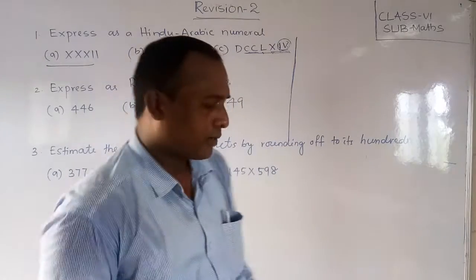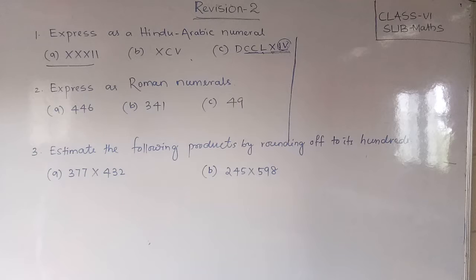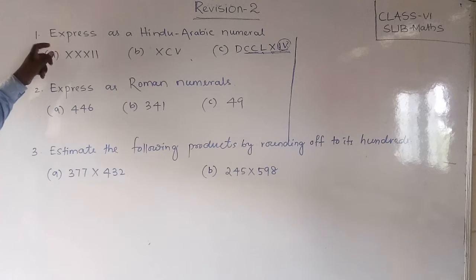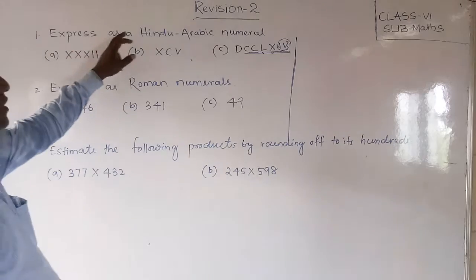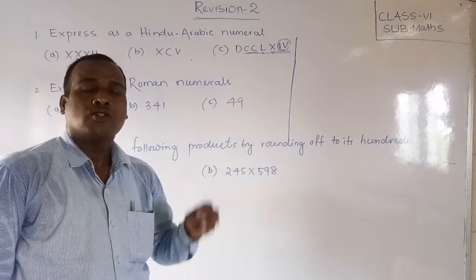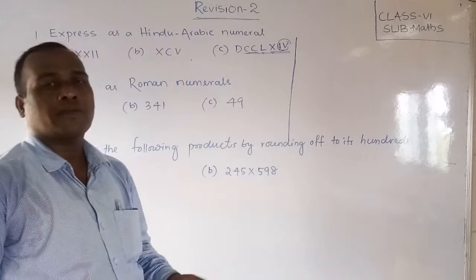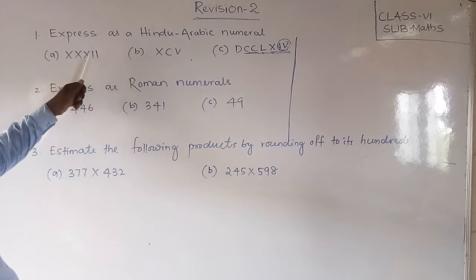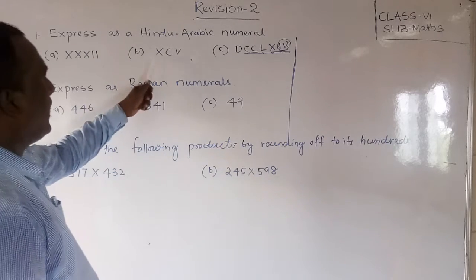I have given you some questions, you should discuss them. Let us see the first question: express as Hindu Arabic numerals. That means it is given in Roman numerals, so you should convert it to Hindu Arabic numerals. Read carefully. First question XXXII. Second question XCV.